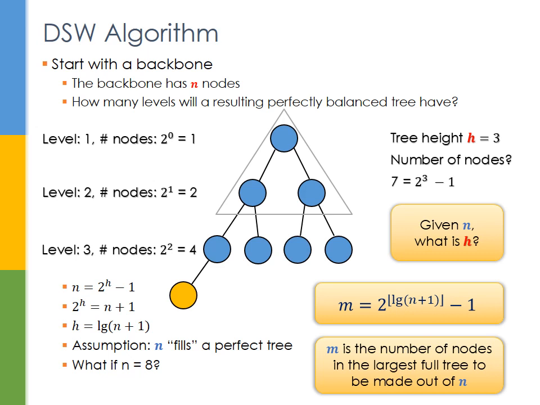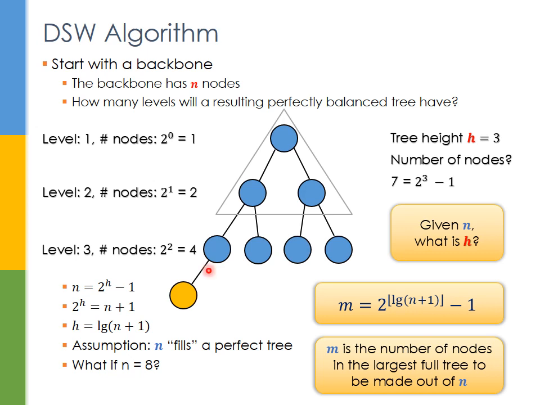So that's why we take the floor of that computation, and then we can take 2 to the power of that height minus 1, and this will give us m, and in this case m is the number of nodes in the largest full tree to be made out of n nodes. So if we have an n of 8, as in this example, then we will compute this log over here, which will give us a height of 3.